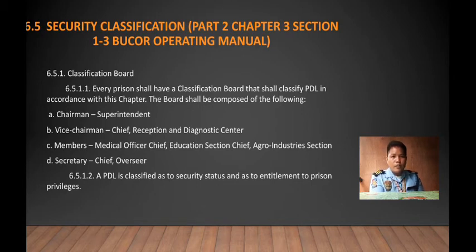The board shall be composed of the following: chairman, superintendent; vice chairman, chief reception and diagnosis center; members, medical officer, chief education section, chief agro industry section; secretary, chief overseer. PDL is classified as to security status and as to entitlement to prison privileges.